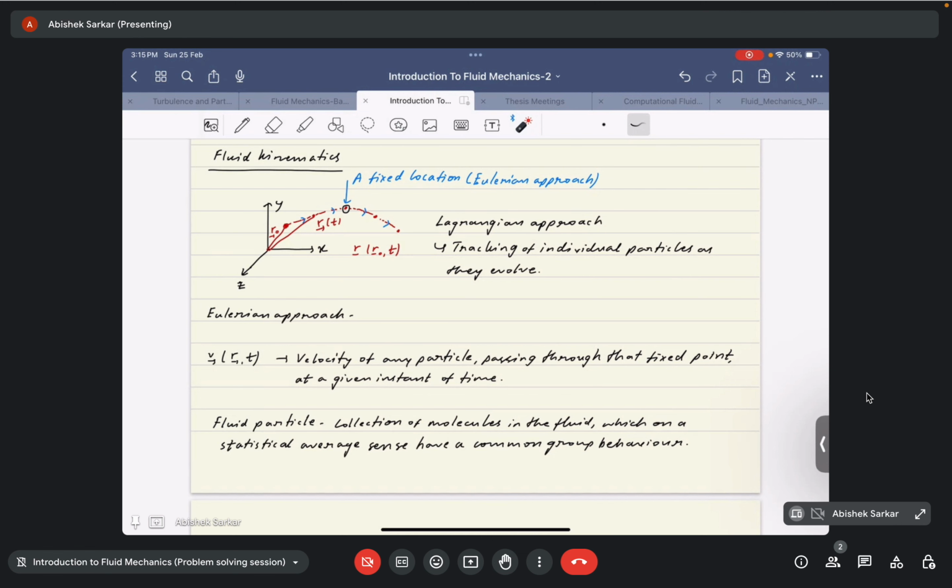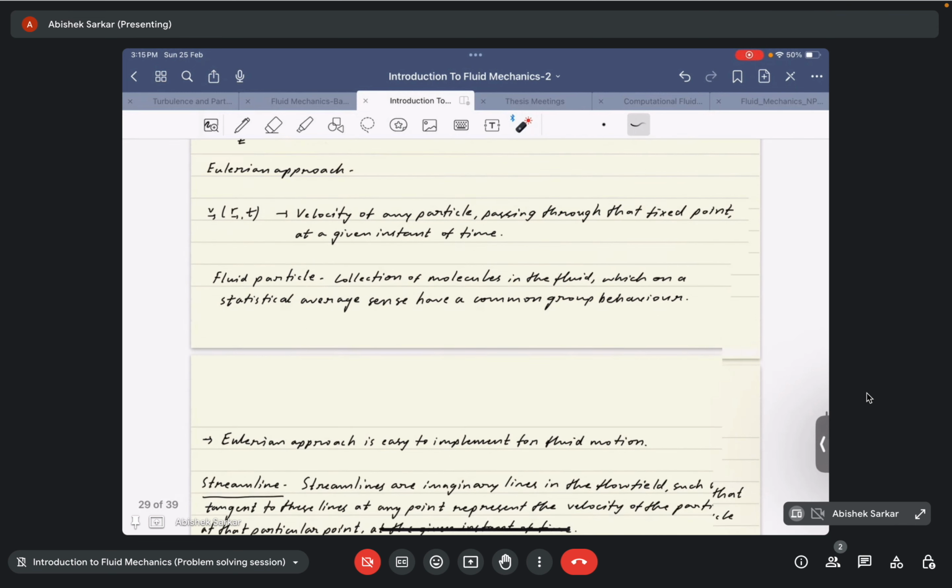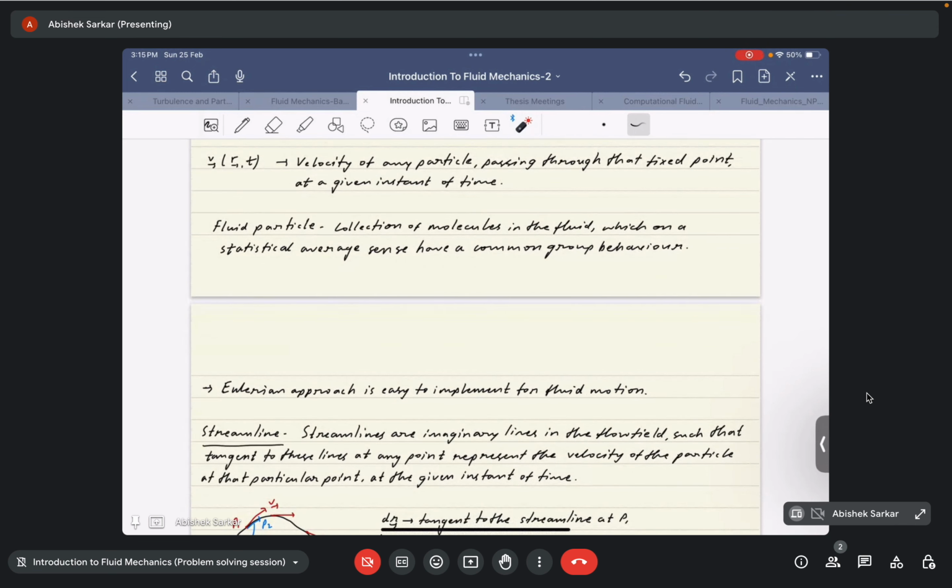Okay, and nevertheless, let me just give you another visual representation or understanding of the differences between these two approaches. I hope this space will be enough for the drawing that I'm trying to do, but I have explained this example previously as well. Okay, so let's consider a box or, say, a cubical duct through which there is a certain fluid flow.